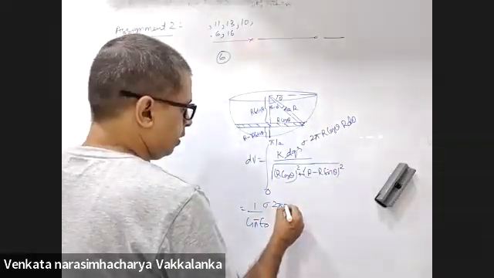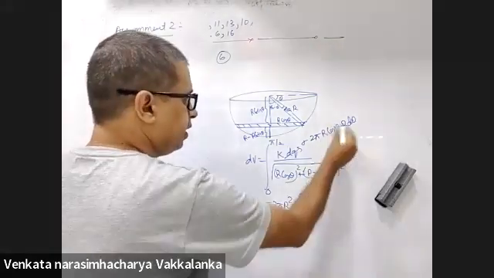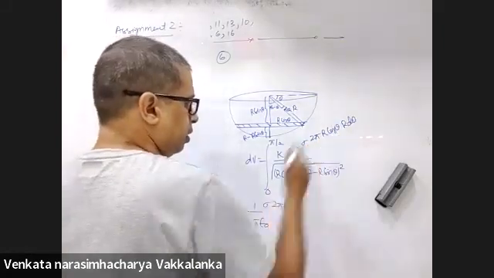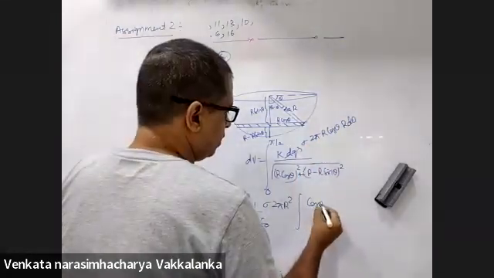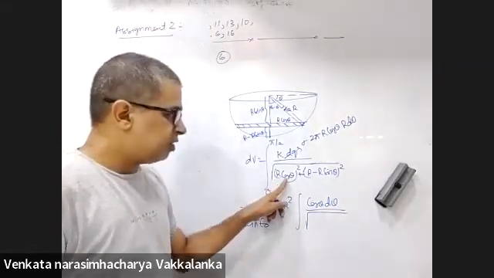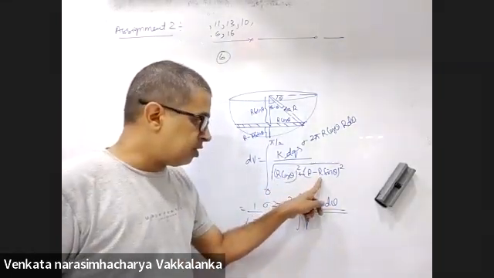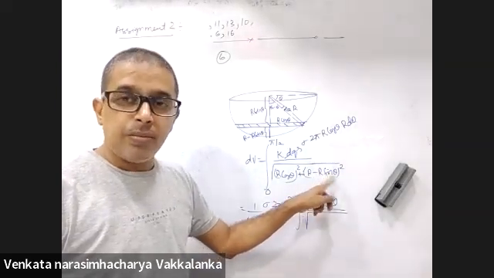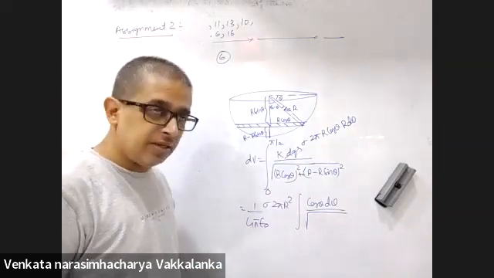2 pi r square integral of k is 1 by 4 pi epsilon sigma 2 pi r square integral of cos theta d theta root over of this is r square cos square theta. This is r square plus r square sin square theta minus 2 r square sin theta.